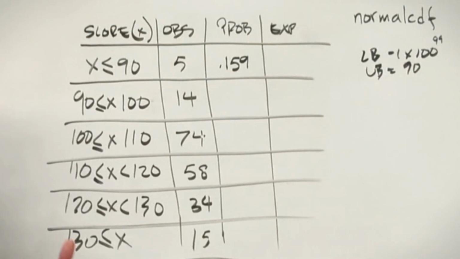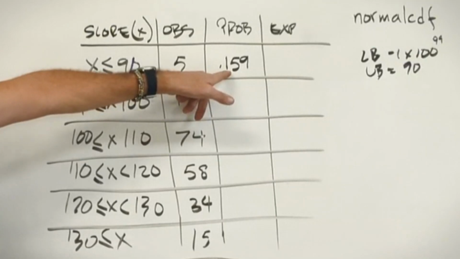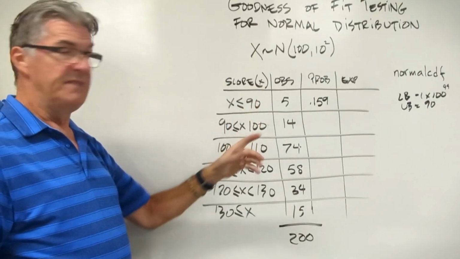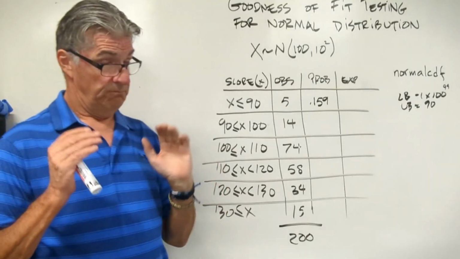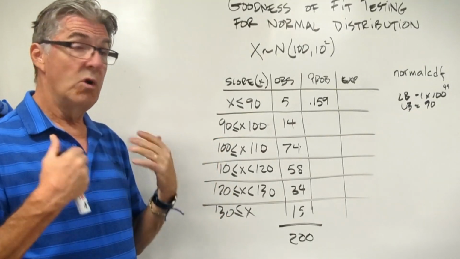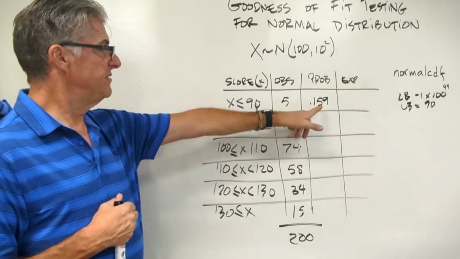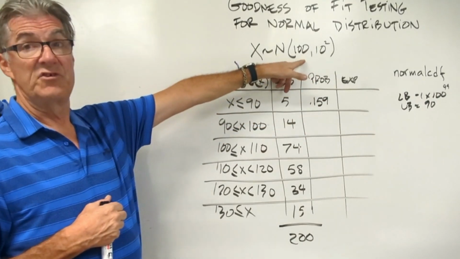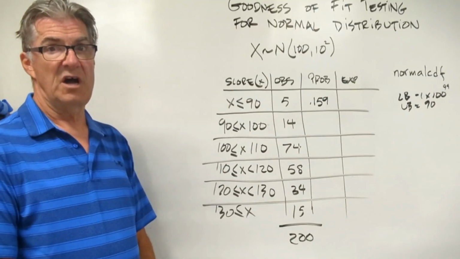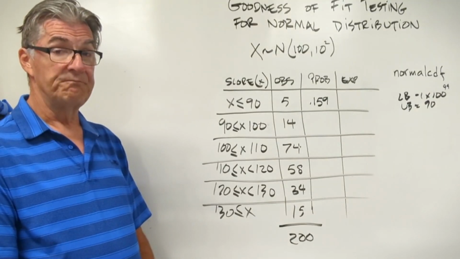All right, so when I do this, I get 0.159 as my probability for being less than 90. If you didn't get that, really good, go back in there and give that a shot. You do want to be able to use your calculator to find this probability if this is a normal distribution. And I'll put a link to that video in the comments or the description below.